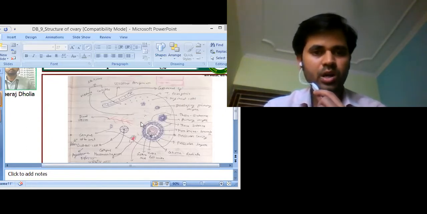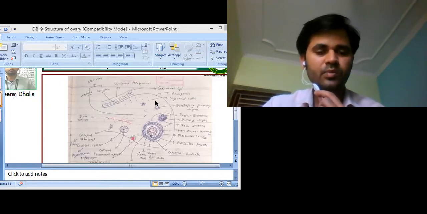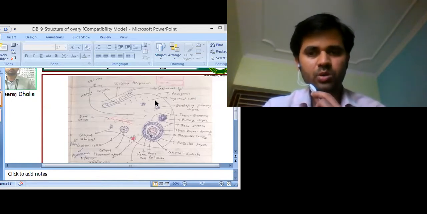There are various oogonial cells here, and they are present before birth, meaning the oogonial cells are produced at the embryonic stage. In the process of production of the ovum, various spindle shaped cells collect over an oogonial cell, and they lead to the formation of the primary oocyte.